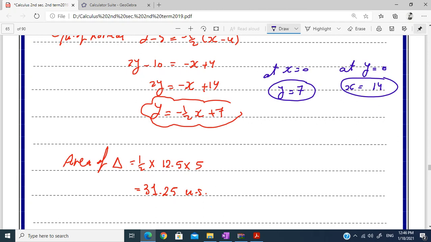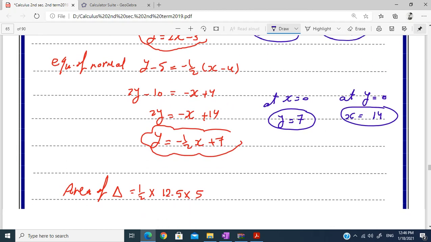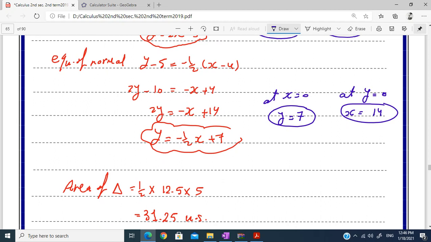And the point of intersection of the tangent and the normal, solving the two equations by substitution: 2x minus 3 equals negative half x plus 7. Take half x to the other side and the -3 to the other side, so 2.5x will be 10, so x will be 4.